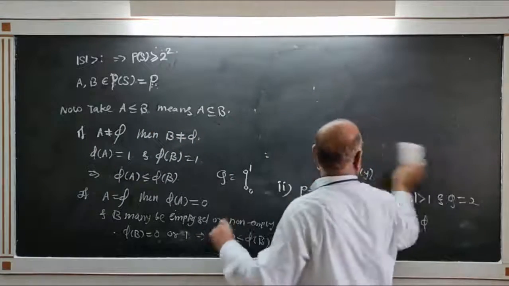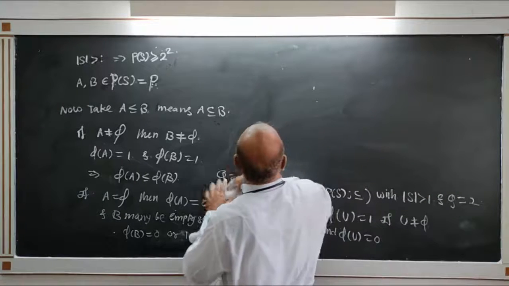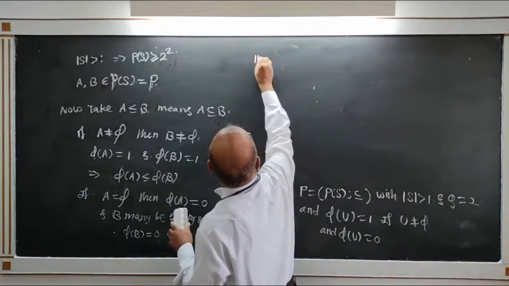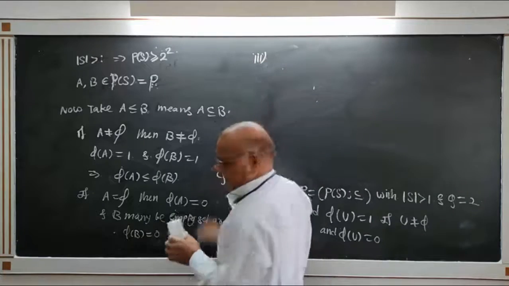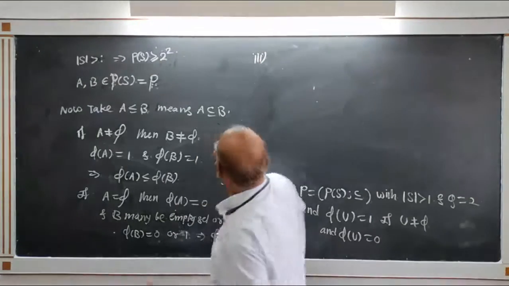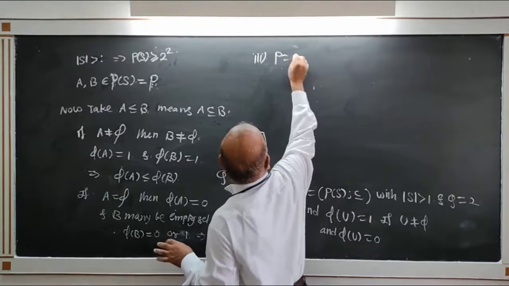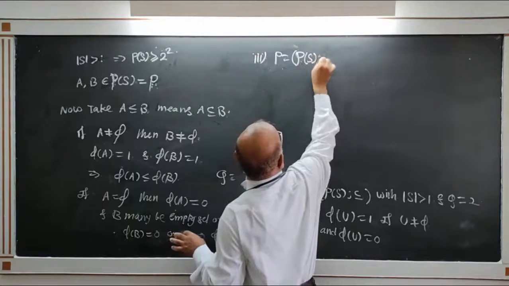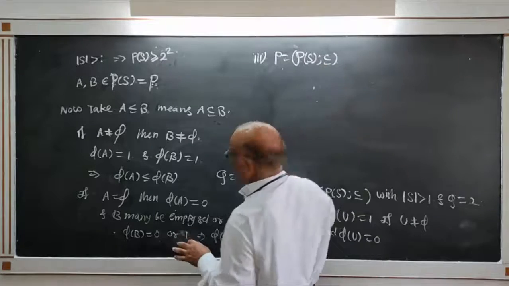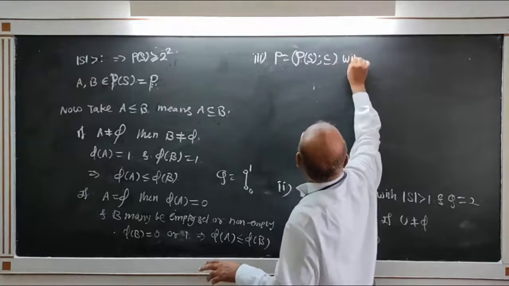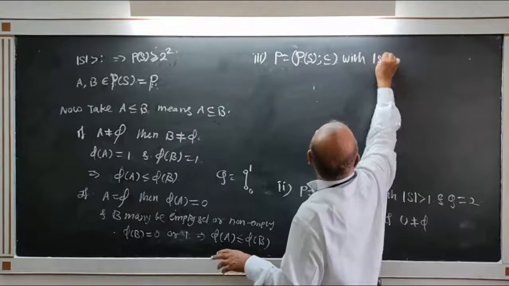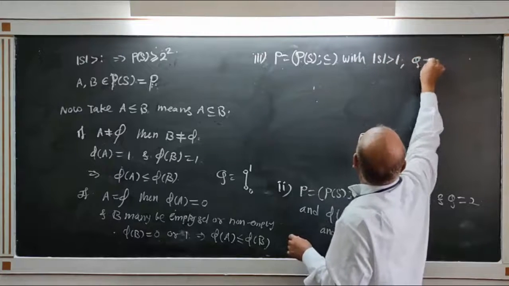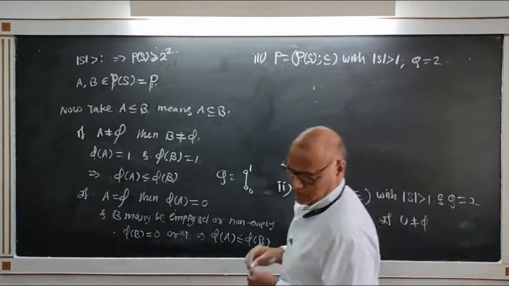Now third example, in the same way. P is equal to the power set of S, the relation is subset, with mod S greater than 1, and Q is equal to 2.